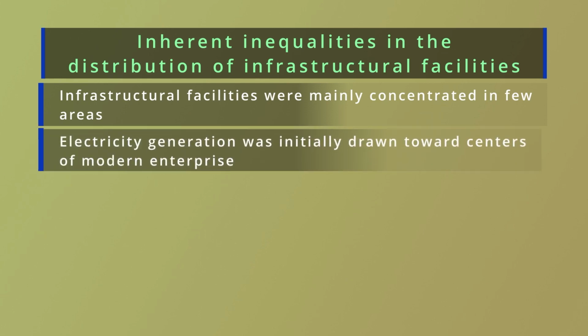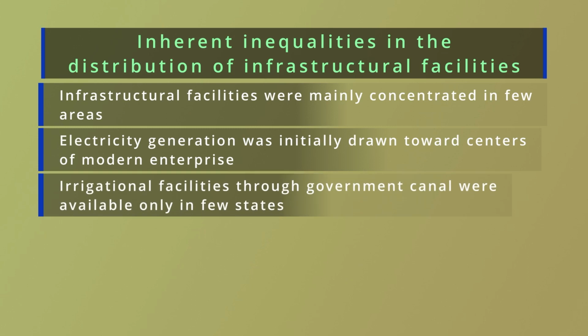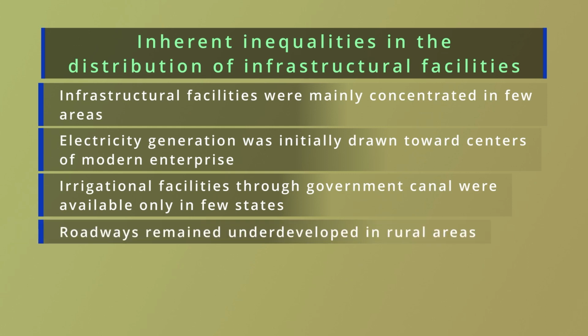Electricity generation was initially located in areas where we had industrial units, very concentrated in some particular areas. In addition, irrigational facilities were also concentrated in some parts of India, as we have already stated, in Punjab and western part of UP. So there was inequality in the distribution of infrastructural facility, and roadways also remained underdeveloped.